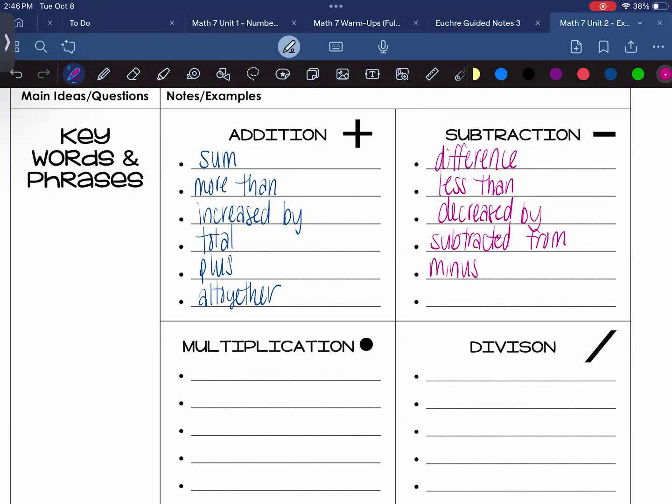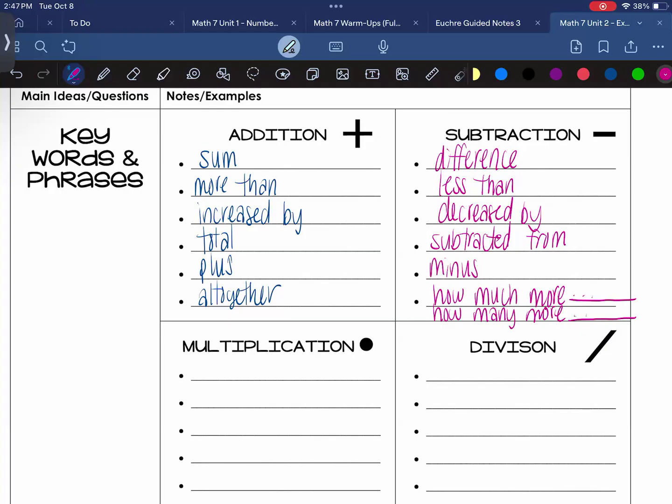And then this one, which is a longer phrase and has to go together: how much more or how many more? And then something would follow that, right? Dot, dot, dot.